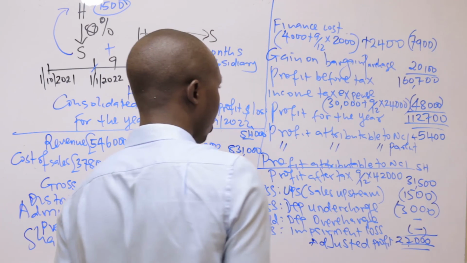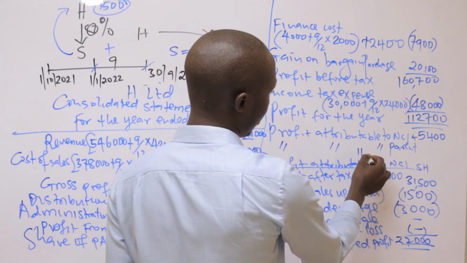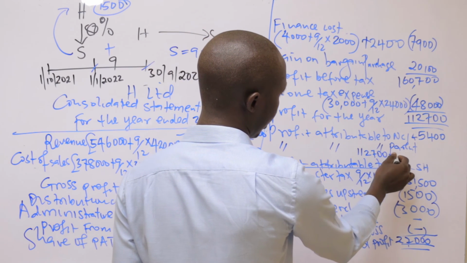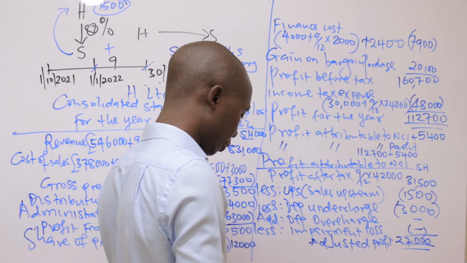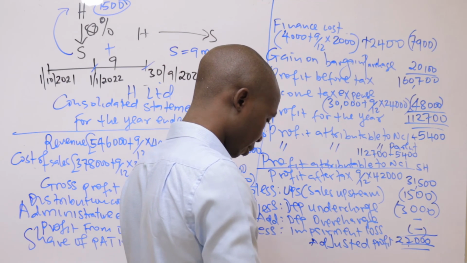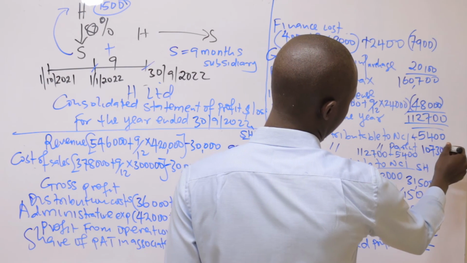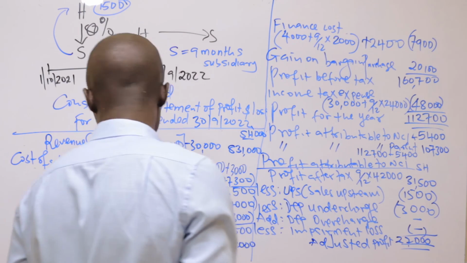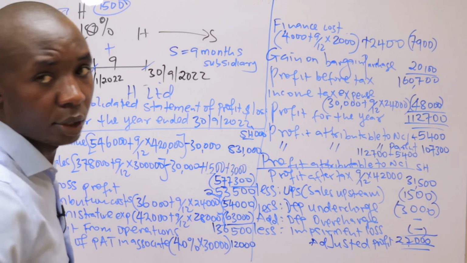So for the profit attributable to the parent, if I take 112,700 minus 5,400, this is 107,300. So that is it. That is how you are supposed to do this question.